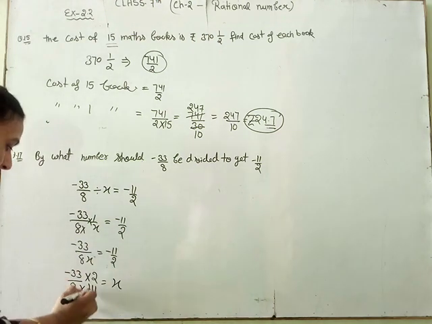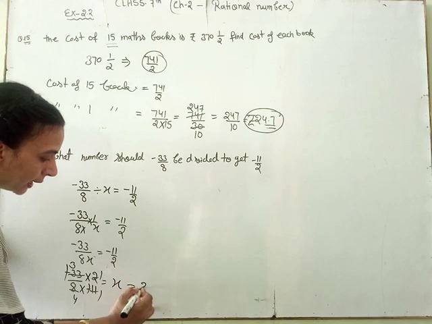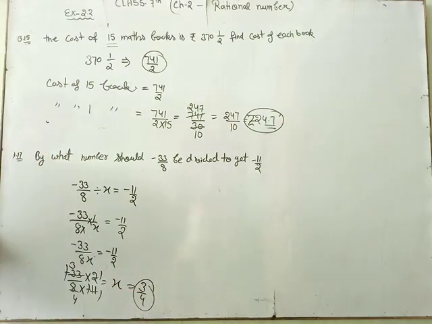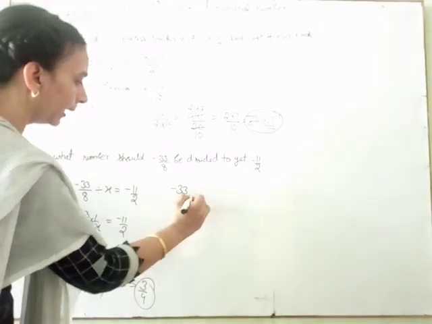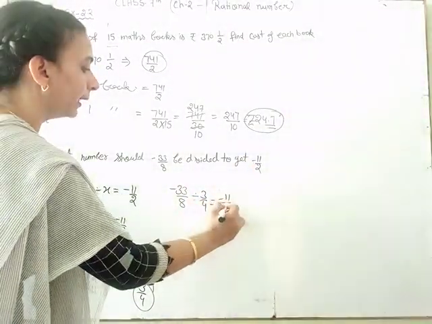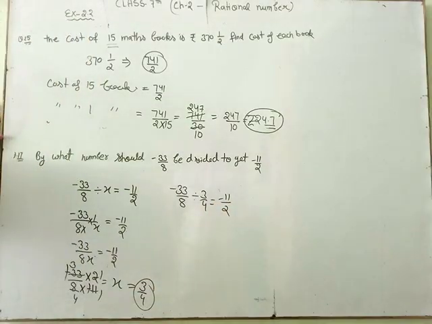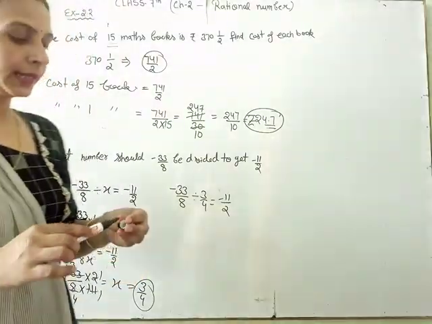Then minus and minus cancel, 11 ones are 11, 3 twos are 6, so 3/4, x equals 3/4. Okay, if we divide minus 33/8 by 3/4, then we get minus 11/2. Okay students, this is exercise 2.2, only one exercise in our syllabus.